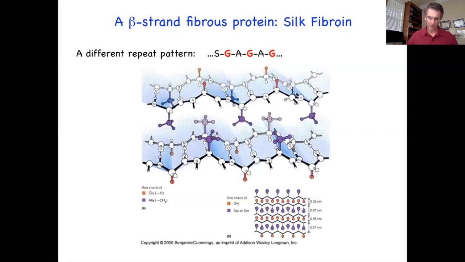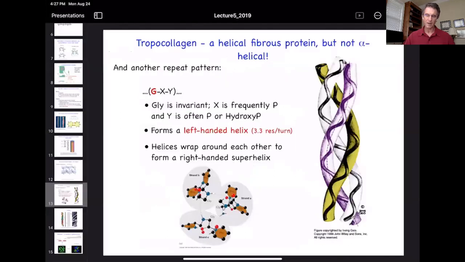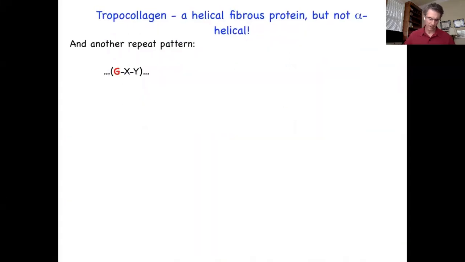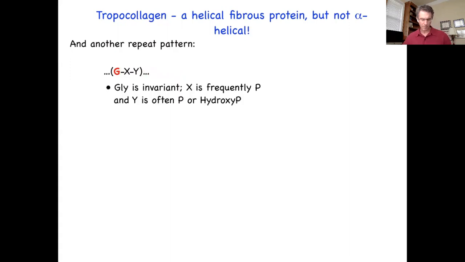So collagen is put together in a particular way that is distinct from how either silk fibroin or alpha keratin. But again, it's a simple repeating pattern. So in this case, the simple repeat pattern is a Gly, and then 2 additional amino acids, and then you'll have a Gly and then 2, right? And the repeat pattern is this.